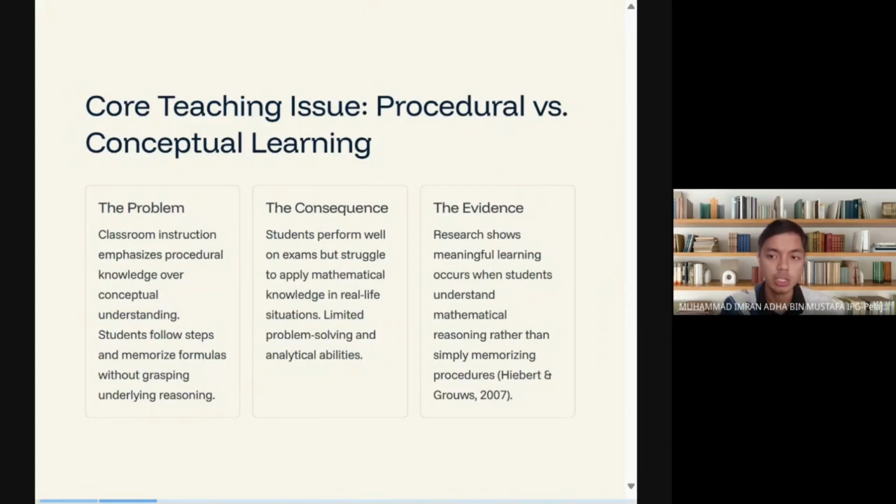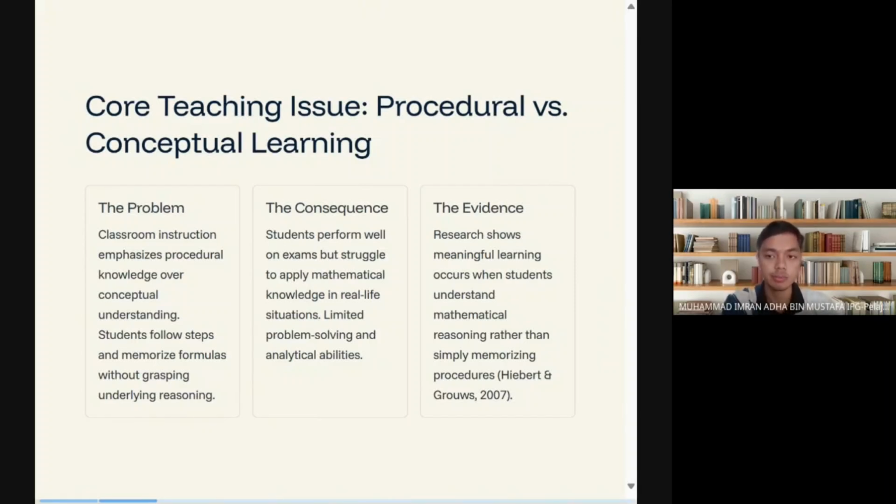This situation indicates that mathematics teaching cannot rely solely on traditional instruction. Teachers must identify the root cause of misconceptions and adapt their pedagogical approaches to improve conceptual understanding rather than procedural memorization.